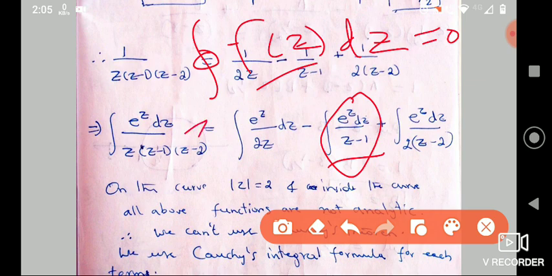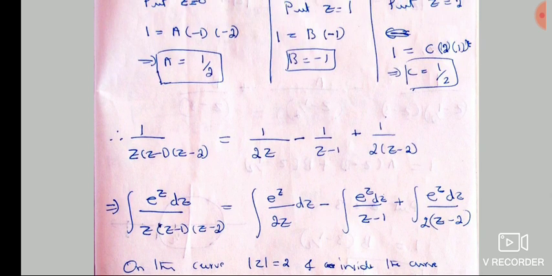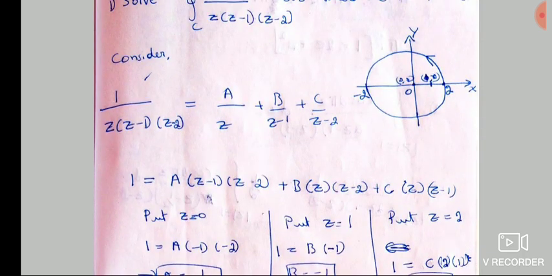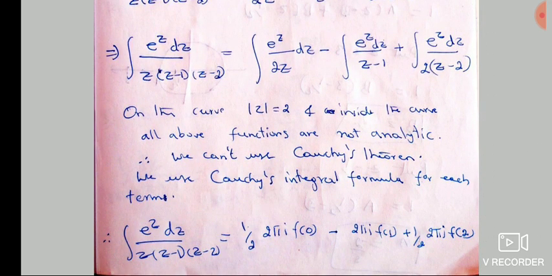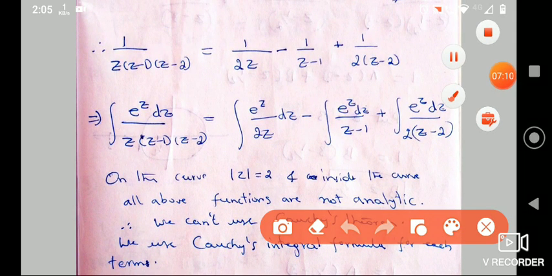When z is equal to 1, the denominator will become 0, so 1 by 0 will be infinite and it's not analytic. So we have to see, is the point 1 inside? Yes, the point z equal to 1 is inside, because the radius is 2, right? So we cannot use Cauchy's theorem for this.